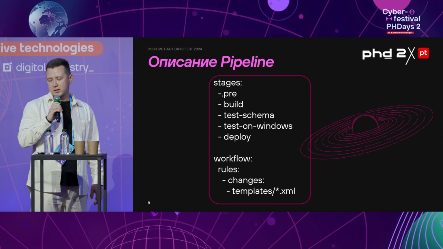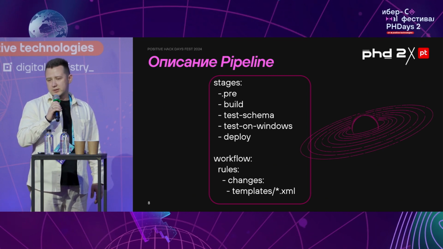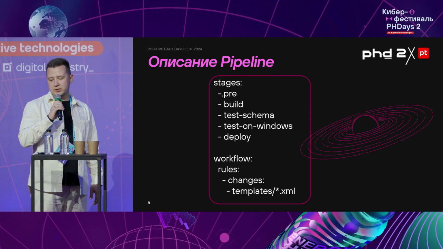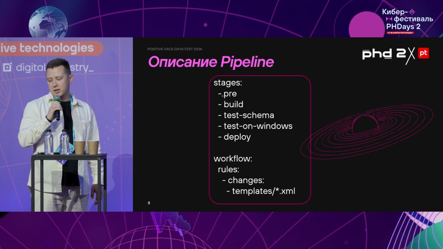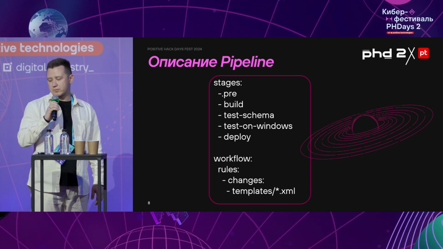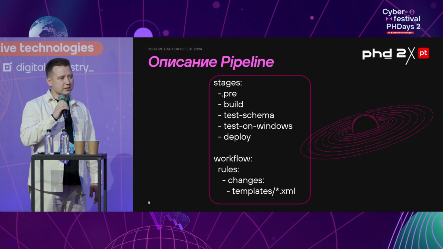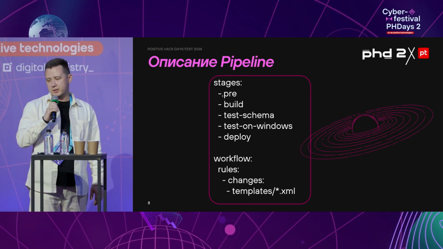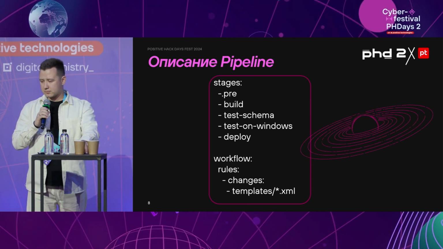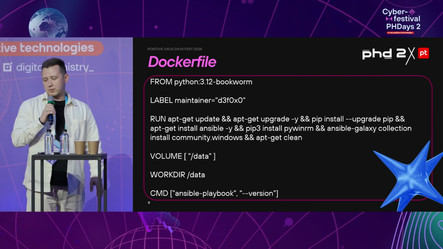The pipeline description was written for GitLab and its runners. We describe our stages, which can be used for the workflow. So in the workflow attribute, we set the rules when the pipeline will be launched.